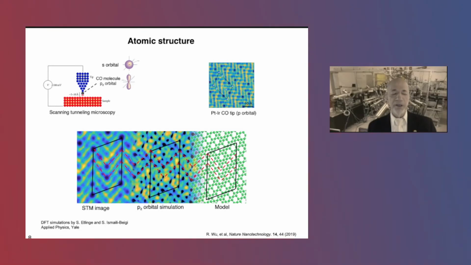By DFT calculation, then we can explore all the possible models that match this STM pattern. And the most stable structure is shown here. The zigzag line pattern in the STM image originates from the chains of vacancies. So in this work, we also successfully synthesized borophene flakes with an area reaching 100 square microns.